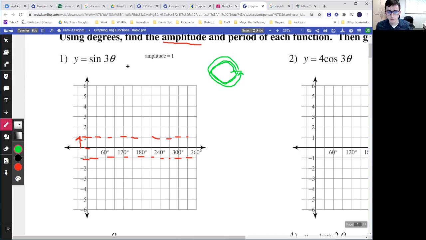So normally, sine takes 360 degrees to have its period. That's the period of its cycle, all 360 degrees. However, because we have this 3 here, any number that we choose for theta, for the angle, is going to be increased by 3. So let's take a look at the changes in the rate that we would normally choose.